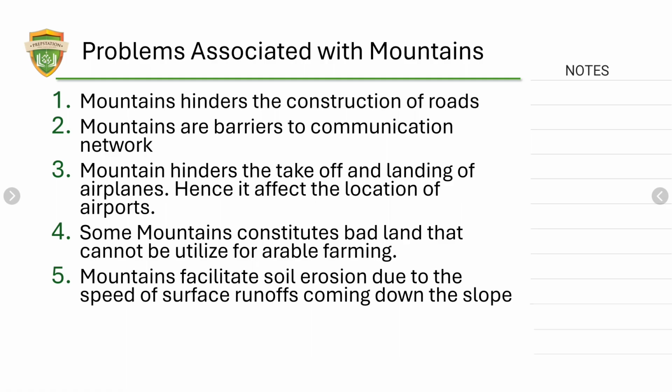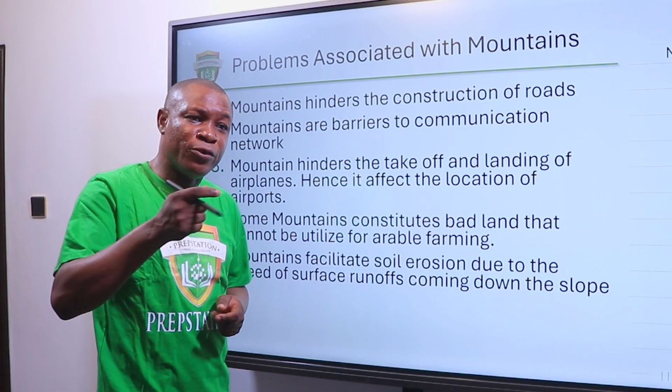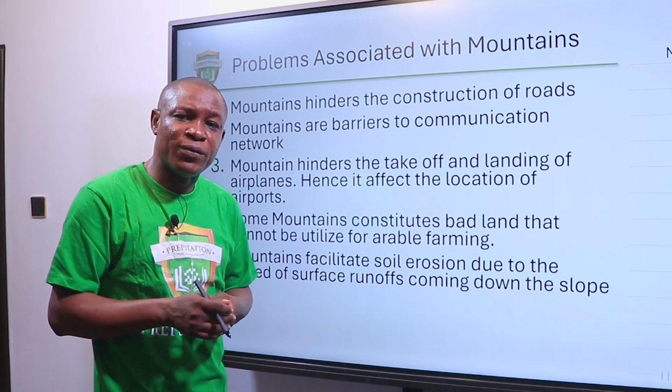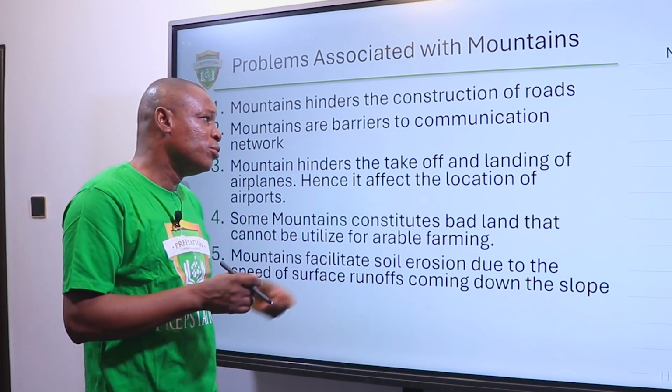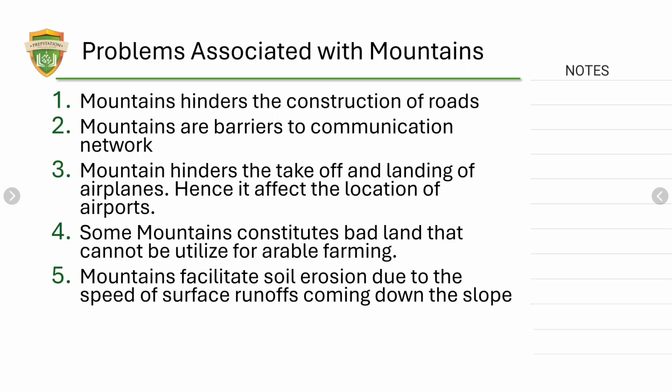Number two, mountains are barriers to communication networks. Wherever you have a mountain, that mountain can be blocking electromagnetic waves, and this is a barrier to communication. Number three, mountains hinder the takeoff and landing of airplanes.